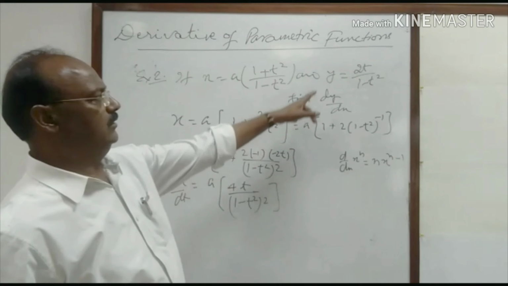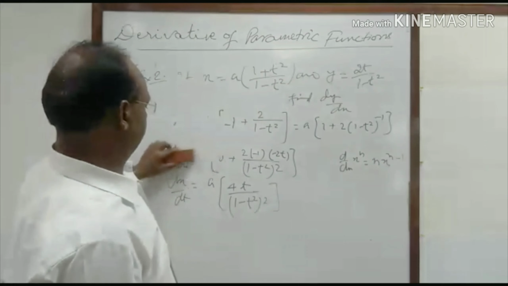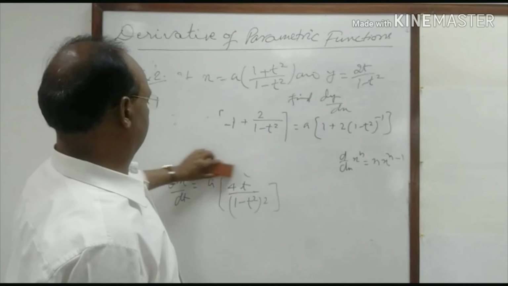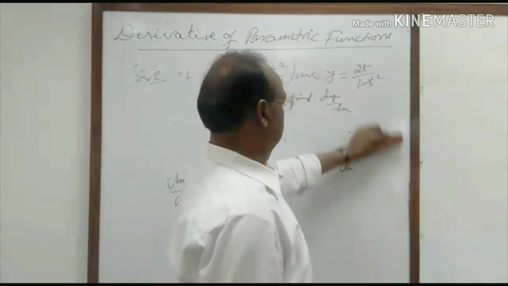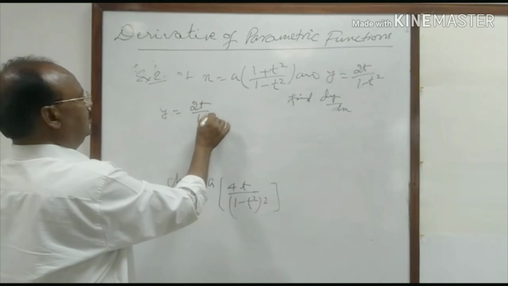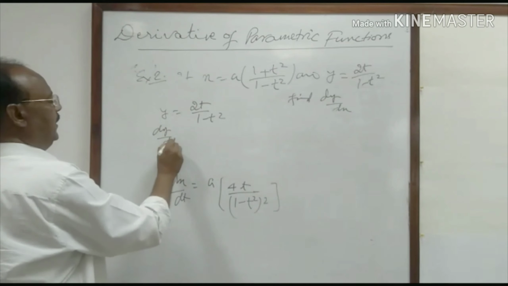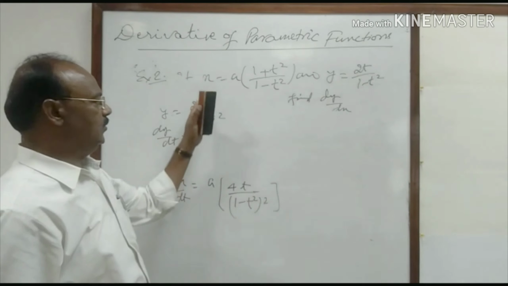Now let us find the value of dy by dt. Here y is 2t upon (1 minus t square). So for the derivative of y with respect to t, we can apply the quotient rule here.